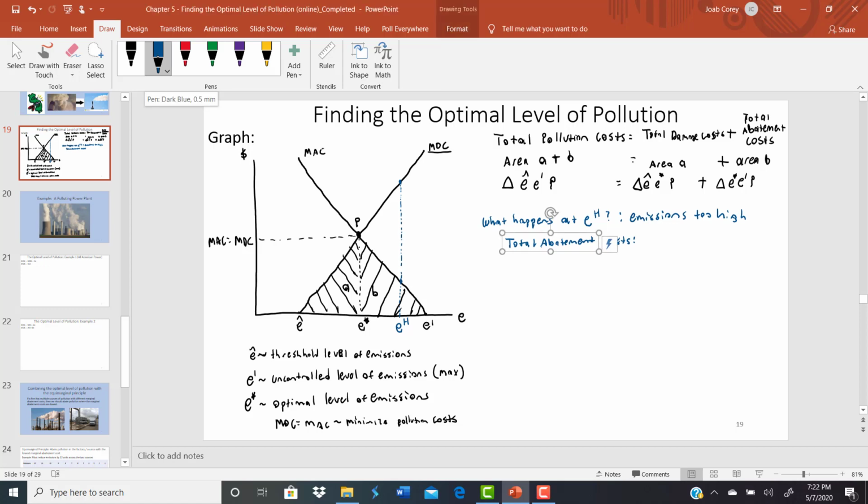So we're only reducing emissions from E prime down to EH. So we're just going to call that area F. Our total abatement cost in this particular case is just area F. Right. So notice that our abatement costs appear to be a lot smaller, but what's our damage cost going to look like here? So let's take a look at our total damage cost in this situation.